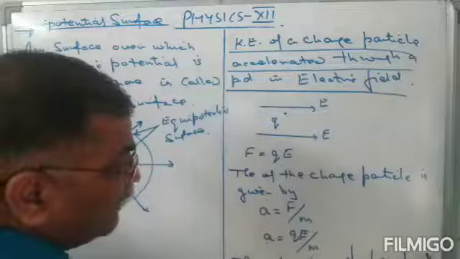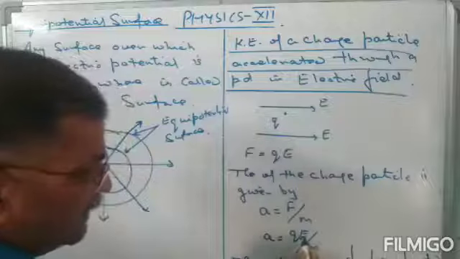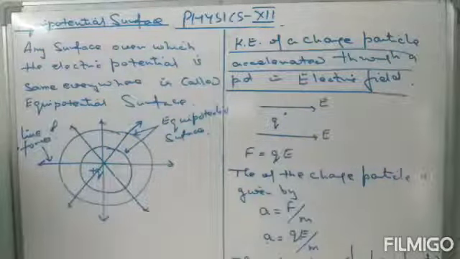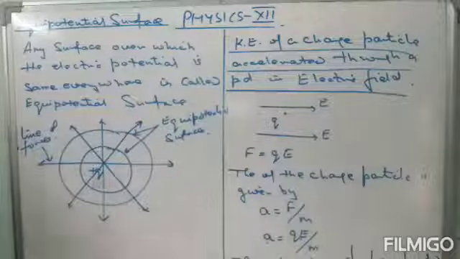Why is it uniformly accelerated? Because E is constant here, so A is constant. When acceleration is constant, the body will move uniformly.